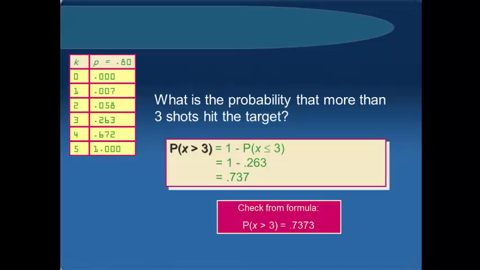Check from the formula. It is equal to 0.7373, which is very close to 0.737.